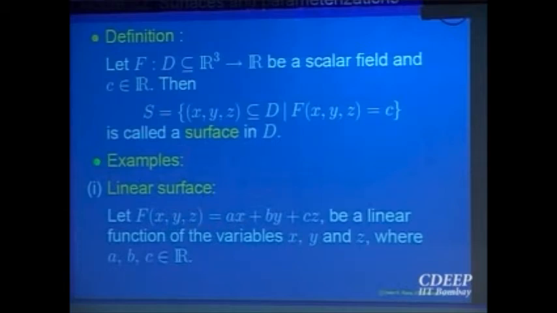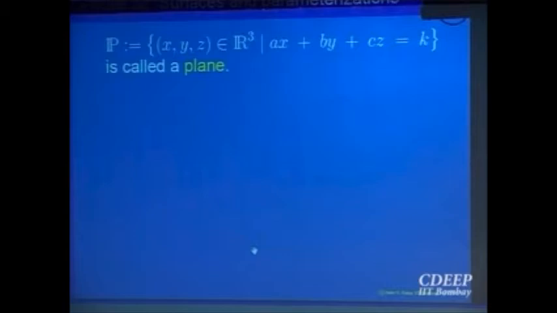Why is it called a linear surface? Because this relation f is a linear relation in x, y and z. This equal to a constant will give you a plane in R3. So this is a plane, ax plus by plus cz equal to a constant.